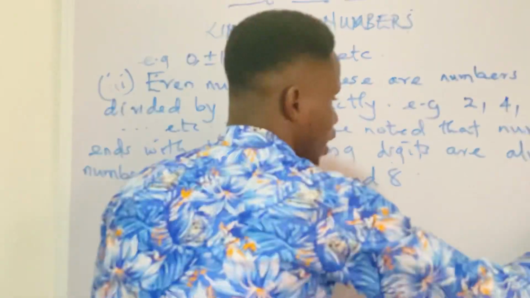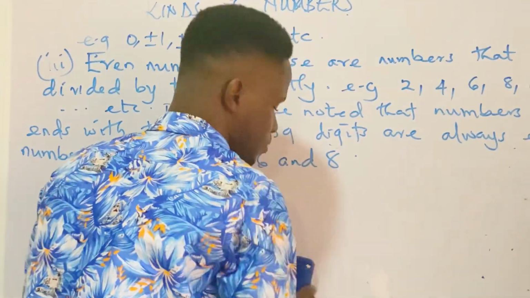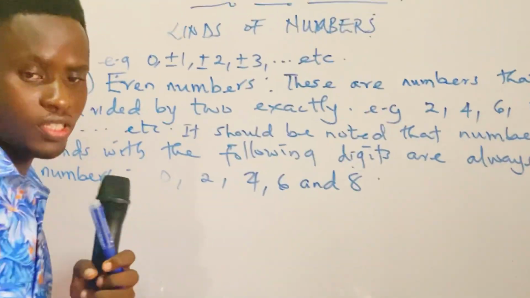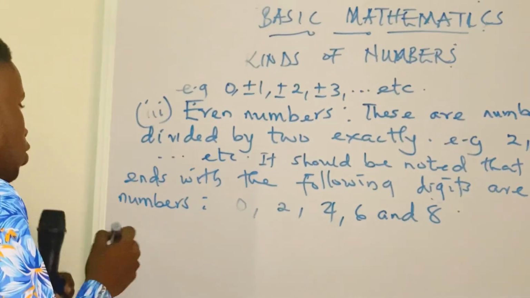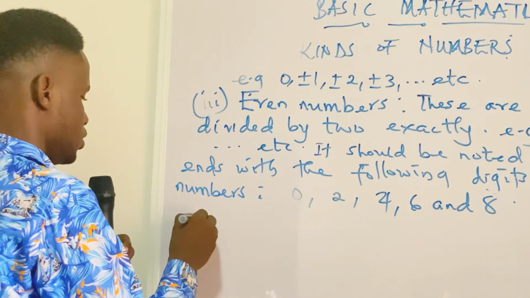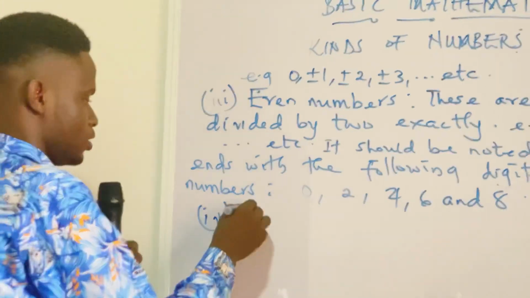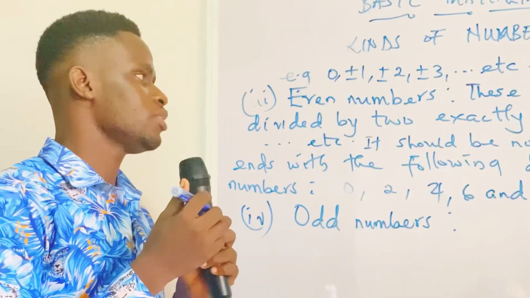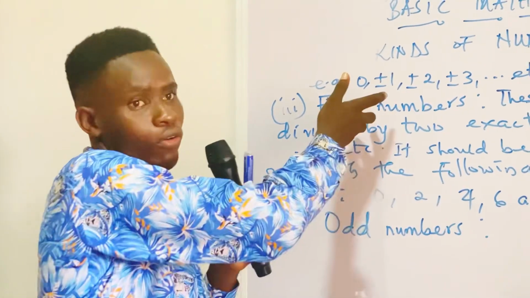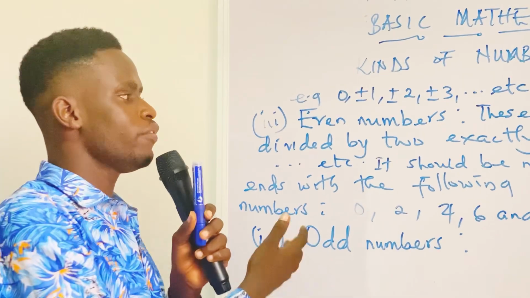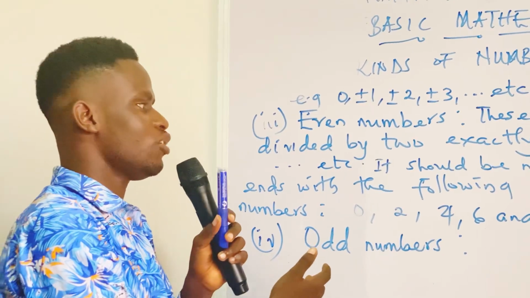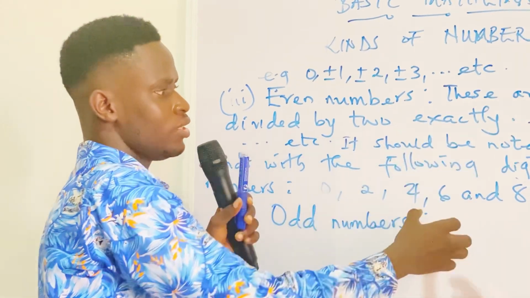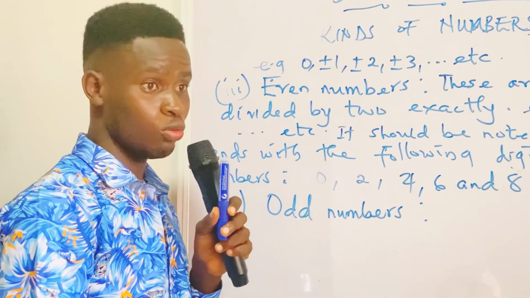So the next number we'll be considering should be odd numbers. It's more or less like the opposite of even numbers. In the case of even numbers, as I've said, they are numbers that you can divide exactly, meaning numbers that you can divide without any remainder.